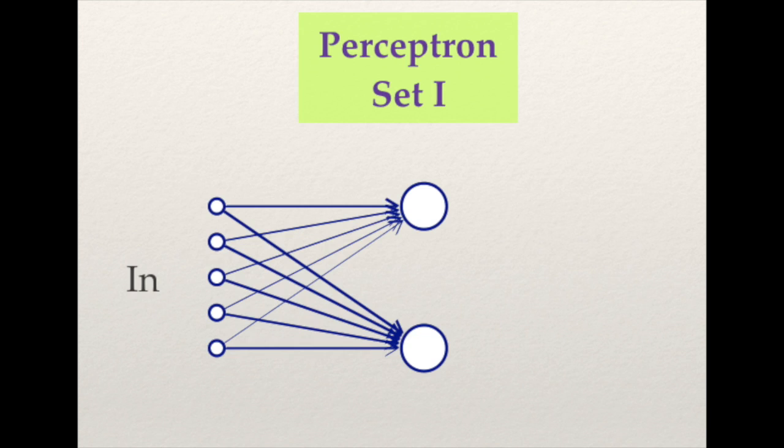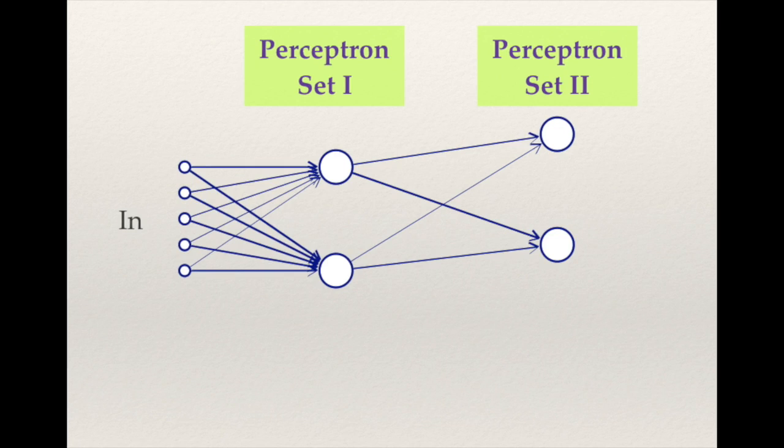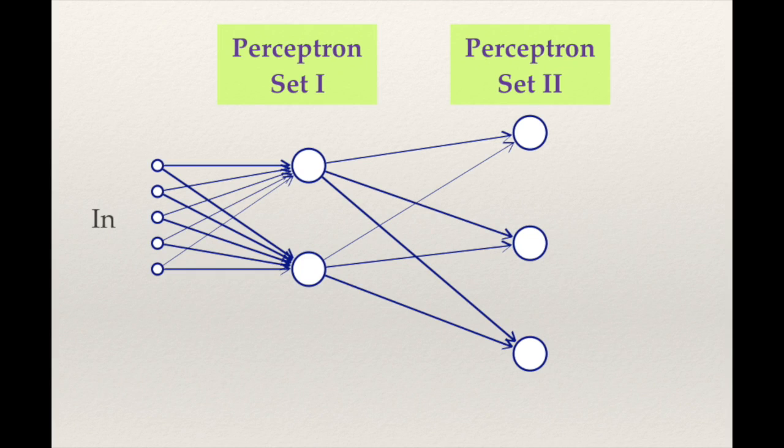For example, we have, let's say, 3 perceptrons in the next set, and each of these 3 perceptrons has 2 inputs. So totally, we need 2 times 3 equals 6 weights to specify the next set of perceptrons. We stack these 2 sets of perceptrons together.